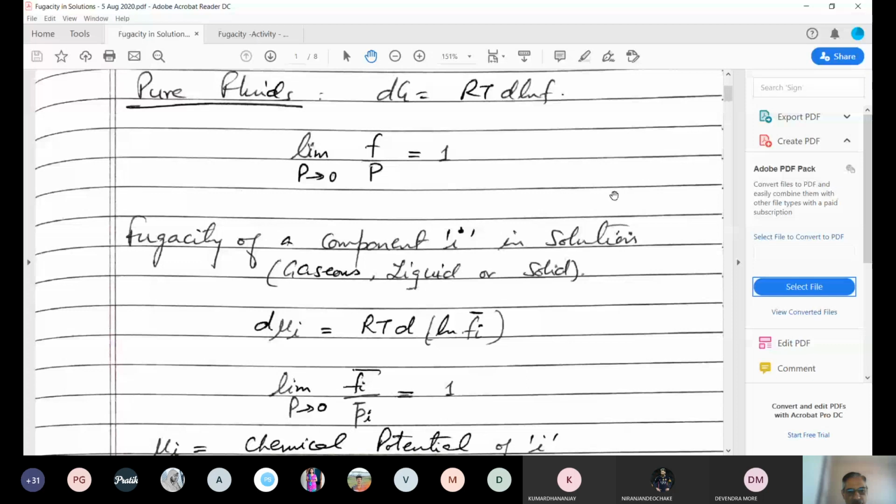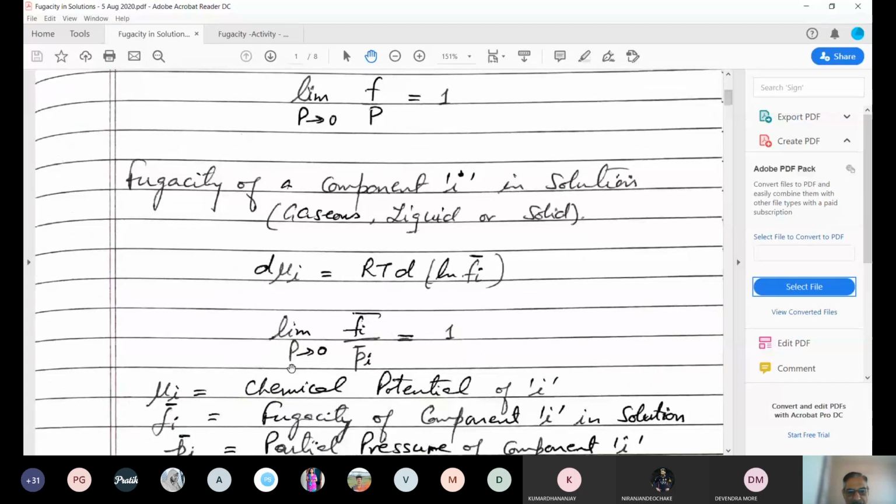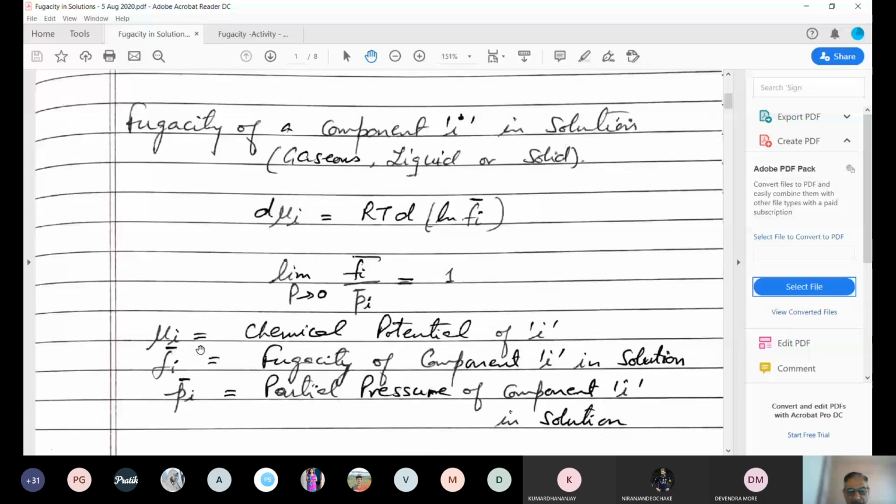And by definition, we define the limit of fugacity of component i in solution divided by partial pressure of i, when pressure is very low, is equal to 1. Exactly similar to what we did for pure gases. Where mu i is chemical potential of i or partial molar Gibbs free energy, f_i bar is fugacity of component i in solution, and P_i bar is partial pressure of component i in solution.